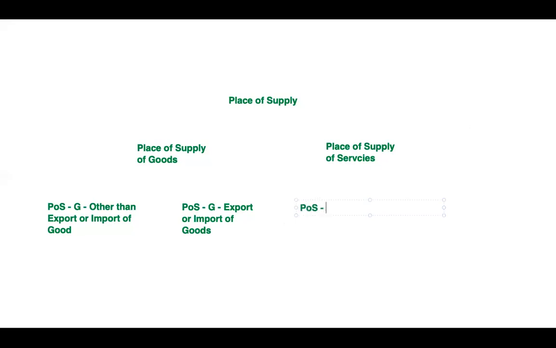Place of supply of services is broadly classified into two types. Place of supply of service where the location of supplier and location of recipient are in taxable territory.